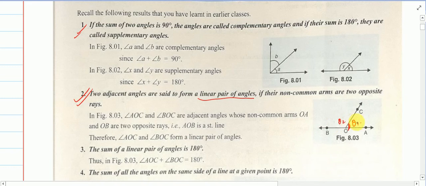So these two angles will be said to form a linear pair of angles if this ray and this ray are opposite to each other. Or in other words, theta 1 and theta 2 will form a linear pair of angles if their sum is 180.